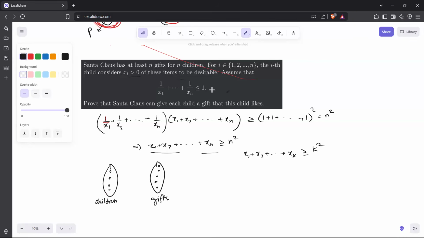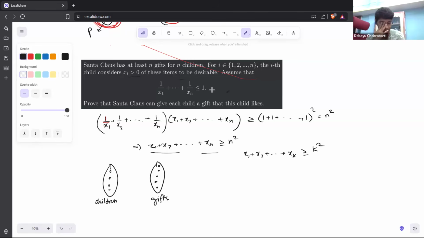Okay, never mind. The only issue we have is what if a gift is repeated in x_1, x_2 till x_k, so that somehow you would still reach k squared. If you have this problem in a contest and you don't know what Hall's theorem is, you're not thinking of making graphs and matching them.